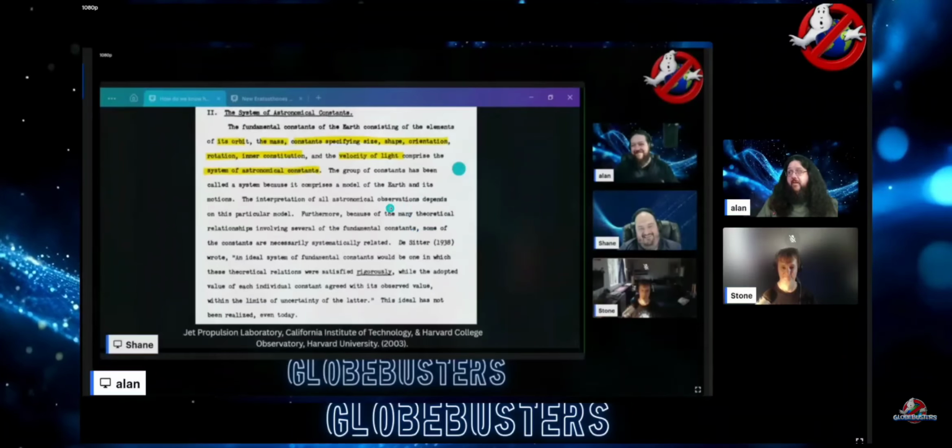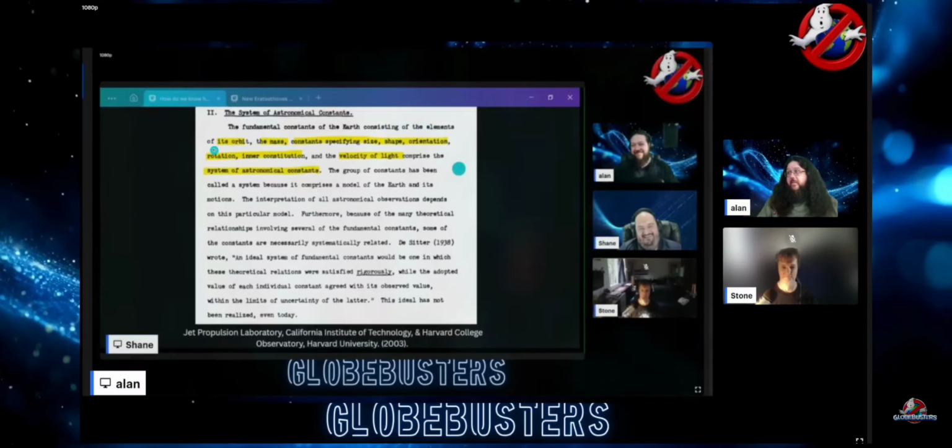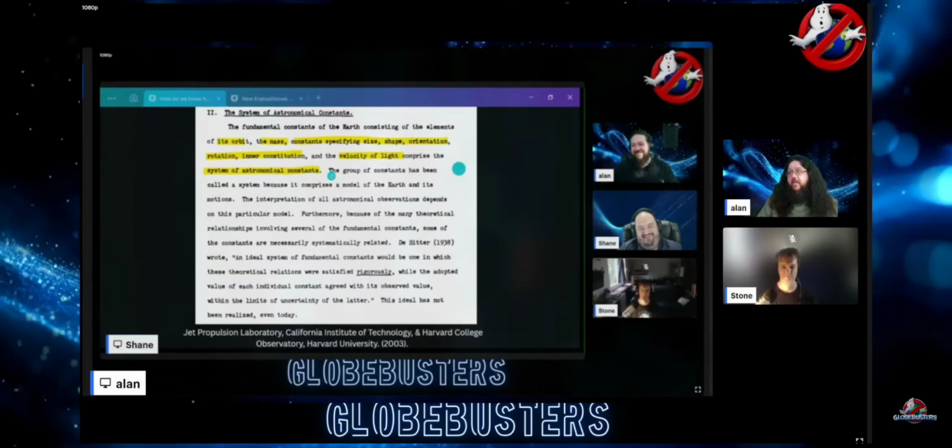But the big takeaway from this was finding this document from the Jet Propulsion Laboratory, where this guy says the fundamental constants of the Earth, consisting of elements of its orbits, the mass, constants specifying size, shape, orientation, rotation, inner constitution, and the velocity of light, comprise the system of astronomical constants. The group of constants has been called a system of constants because it's comprised of a model of Earth and its motions. The interpretation of the astronomical observations depends on this particular model.